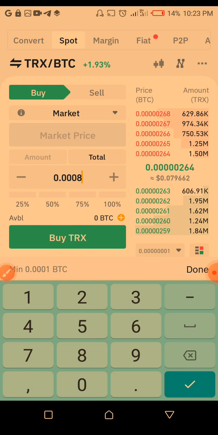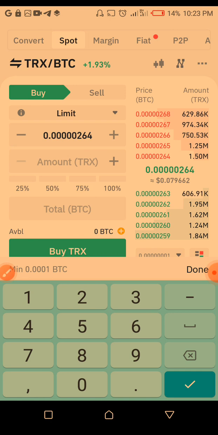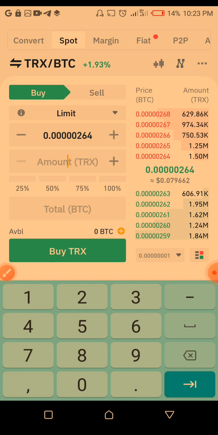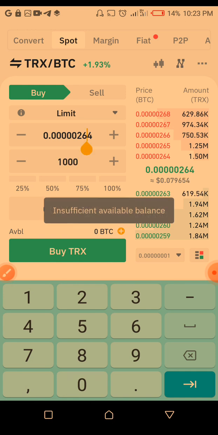But once you change to limit, it simply means you have a choice. You have a choice to say, I want to buy at this particular price. So we want to buy 1000 TRS. You can change the price.